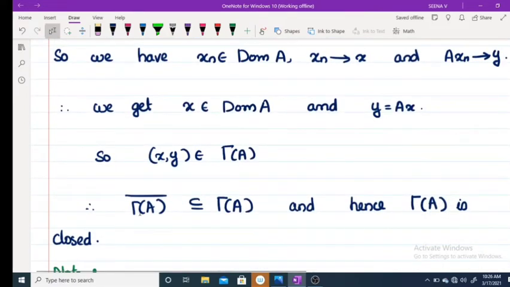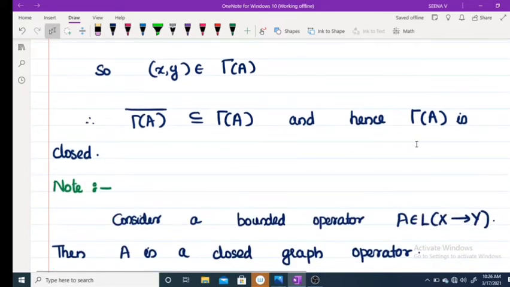This implies the closure of Gamma(A) is contained in Gamma(A), so the closure of Gamma(A) equals Gamma(A). This implies Gamma(A) is closed.